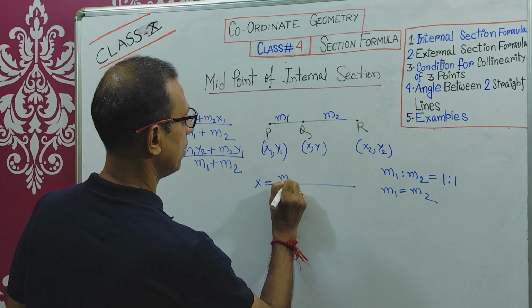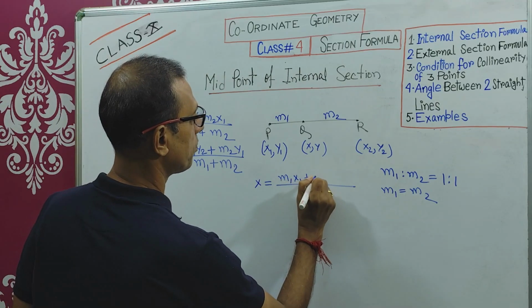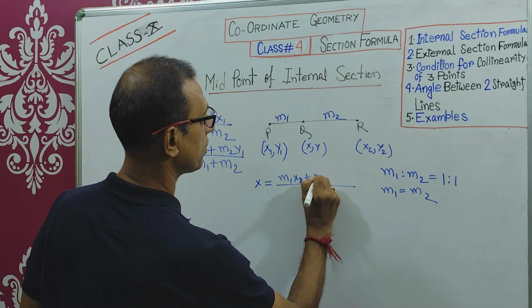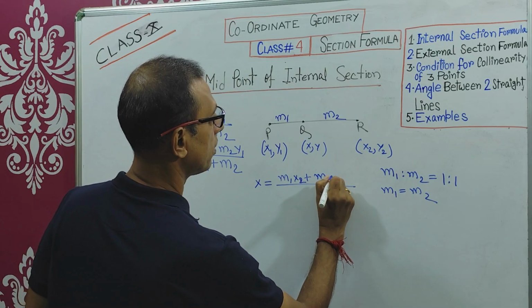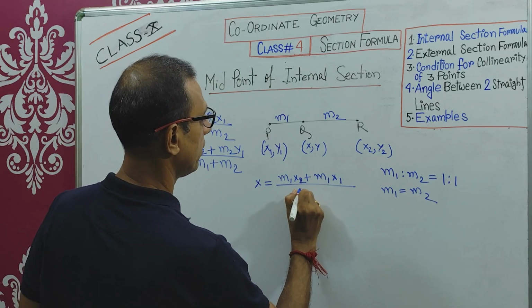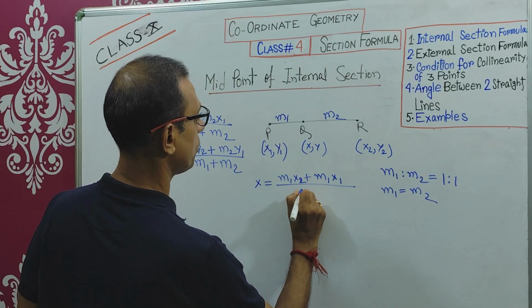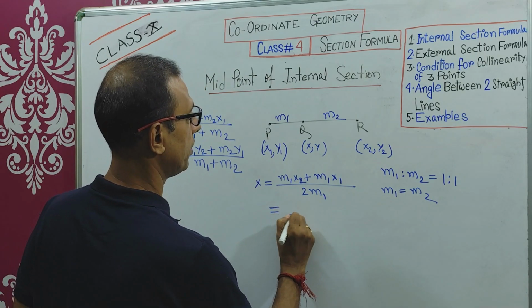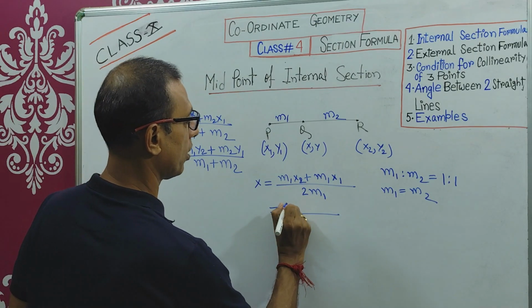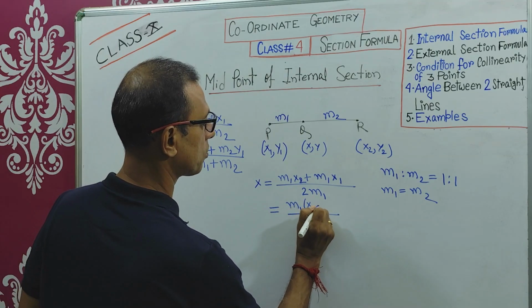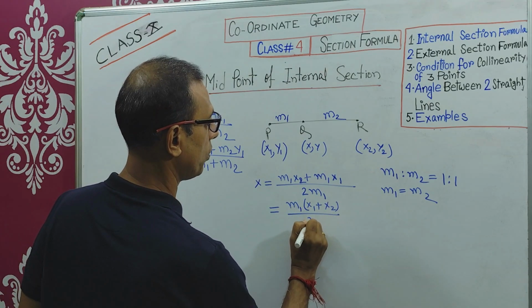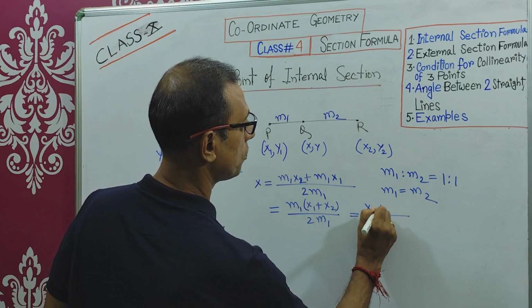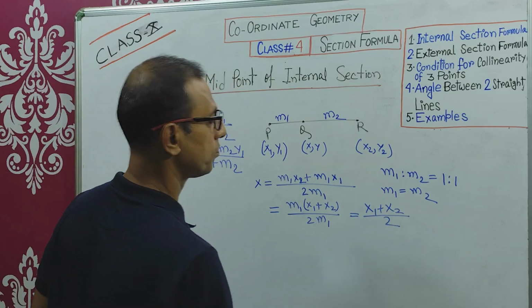So that means m1 x2 plus m1 x1 by m1 plus m1, that means 2m1, right? Taking m1 common, m1 of x1 plus x2 by 2m1, that means x1 plus x2 by 2.